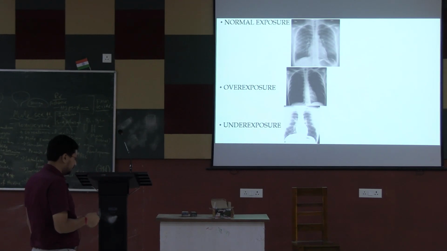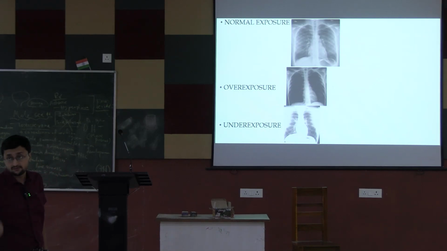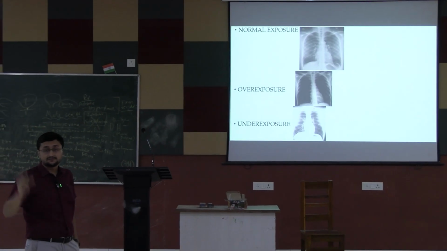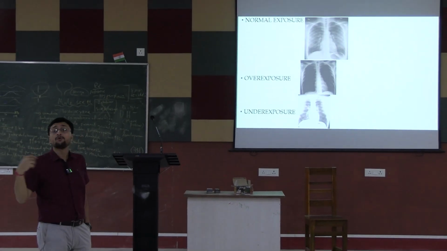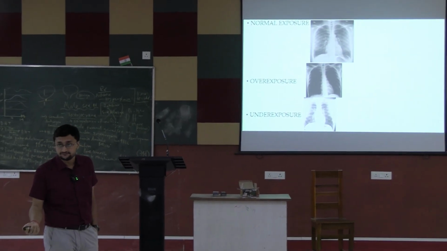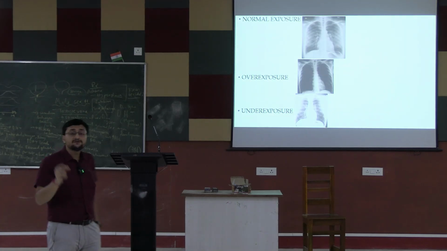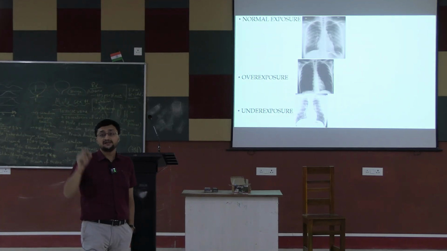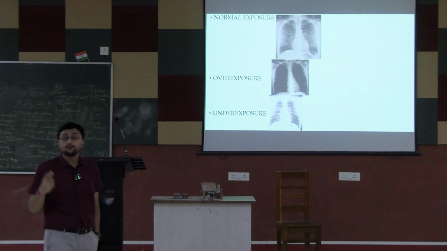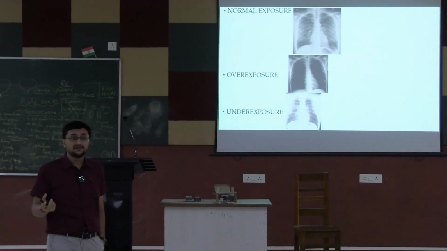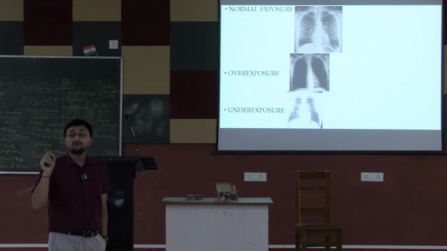Whereas if this is an overexposed film, the lung shadows are more hyperlucent or more black, right? And the shadow of the vertebra is more white or more visible. So this is the differentiating point. If you suspect any pathology in your vertebra or bony structure, then only you should order an overexposed film.